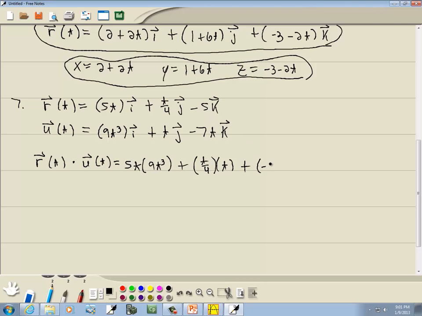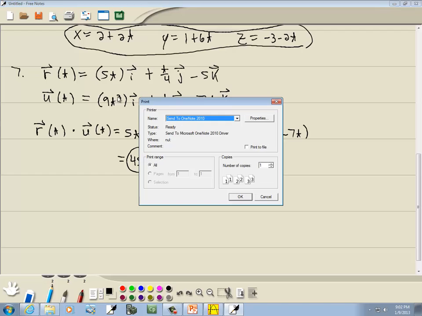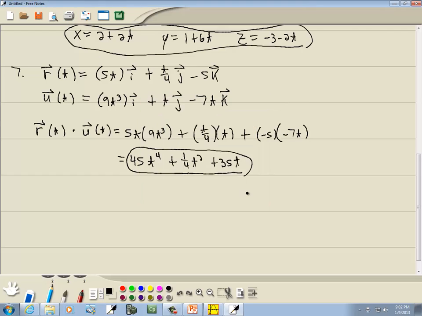So I got negative 5 times negative 7t. So that gives us 45t to the fourth plus 1/4 t squared plus 35t. And that would be our answer. Let me save that page, and then we'll look at the next problem.